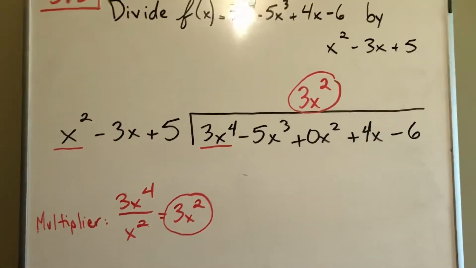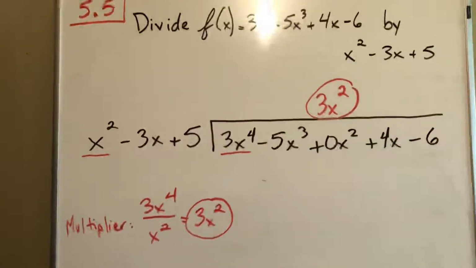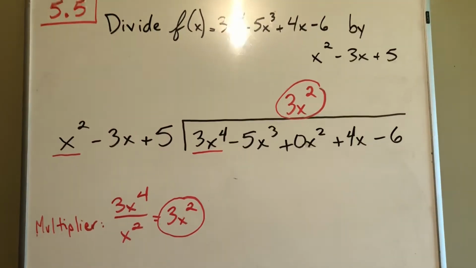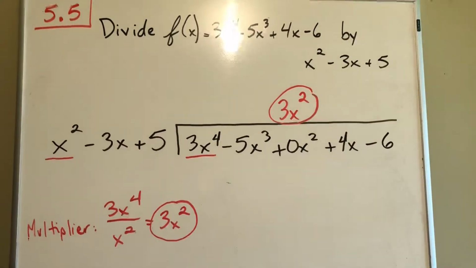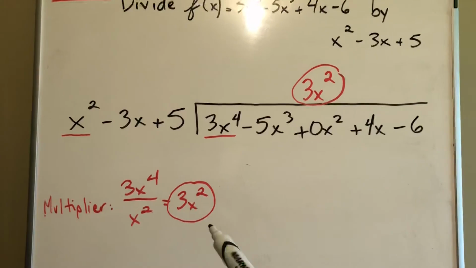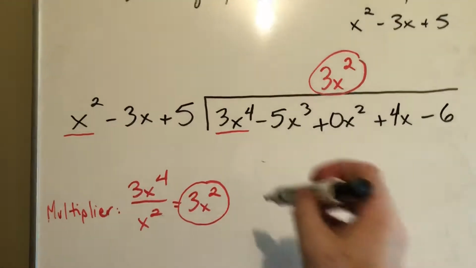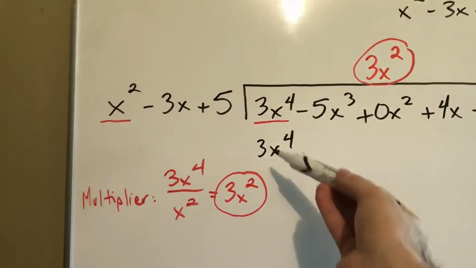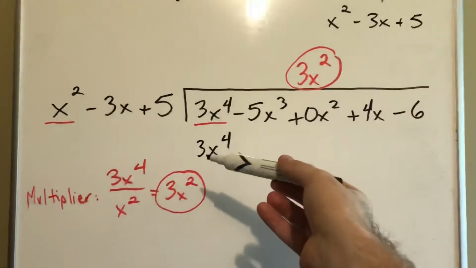The other reason I'm going to use 3x squared is that it's a multiplier. We're going to multiply each term in the divisor, and we're going to then subtract it from the original function. So I'm going to take 3x squared and multiply it by x squared. That gives me 3x to the 4th. The whole goal being here that we're going to subtract, and that term will ultimately disappear.